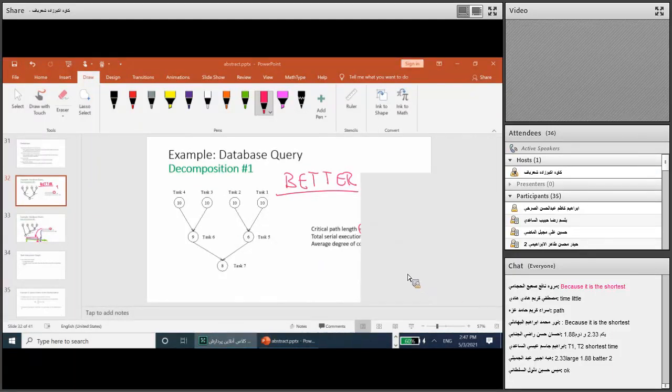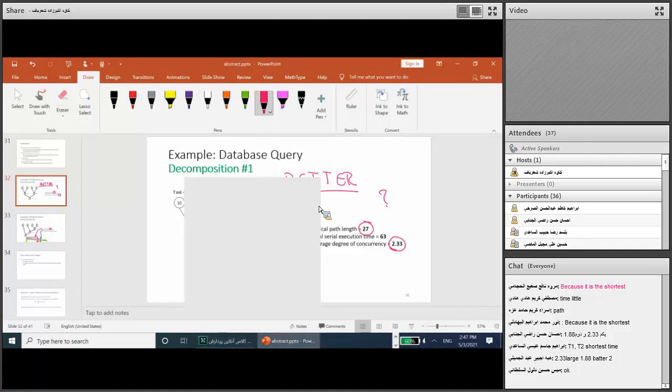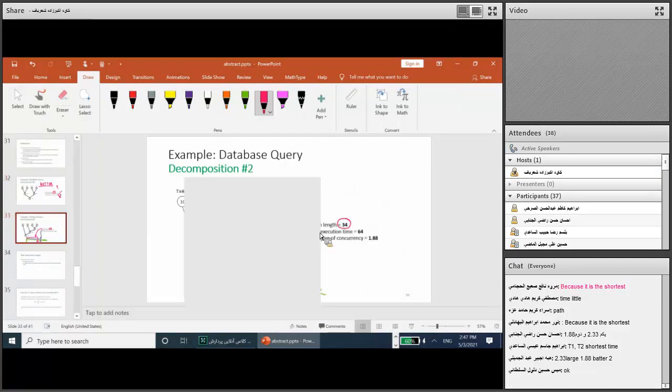Okay? Any question? This number, 2.33, shows that parallel execution is 2.33 times faster than serial execution, but in this case the parallel execution is just 1.88 times faster than the serial execution.